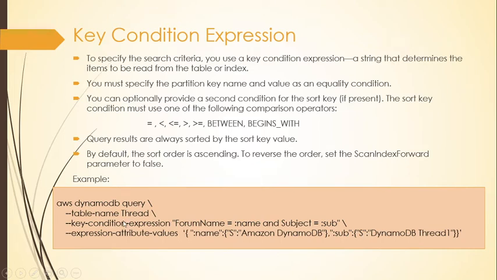So here in my table, Thread is my table name, ForumName is my partition key, and Subject is my sort key. So I want to retrieve the data that matches the key conditions like this: ForumName equals to DynamoDB and Subject equals to DynamoDB Thread 1. So this is the simple query example.